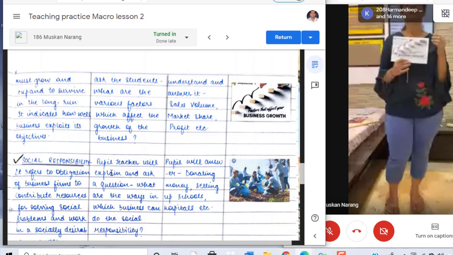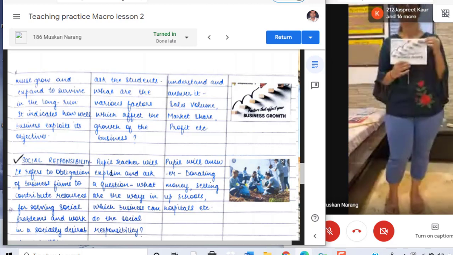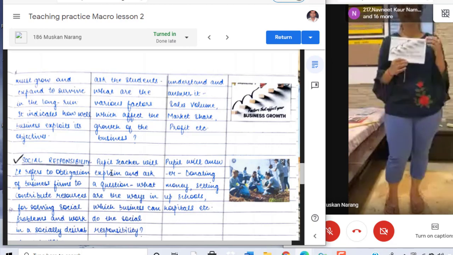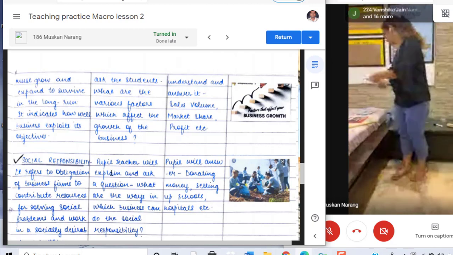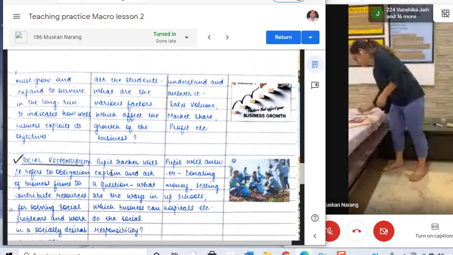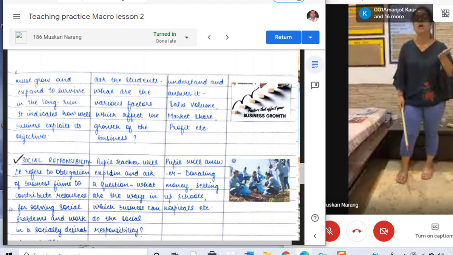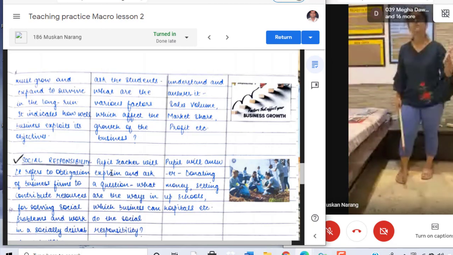Any other? Economic factors, yes, economic factors like profit sharing. Very good, students. So these are all factors which influence the growth of a business. Could be economic, political, and many more.